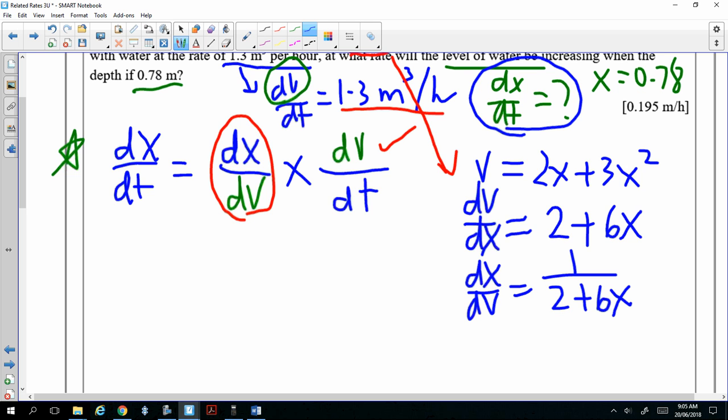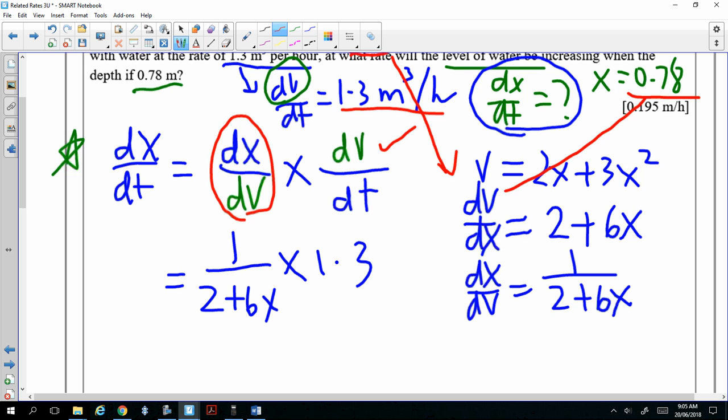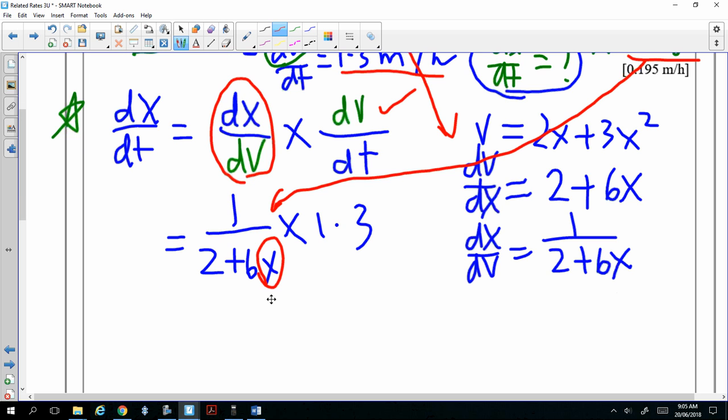And then we can just substitute. So we got everything. So 1 over 2 plus 6x, which is dx/dV, times dV/dt, which is 1.3. And in addition, we have to substitute the 0.78 into x. And then we can calculate the rate of change of the level of water. Okay, good.